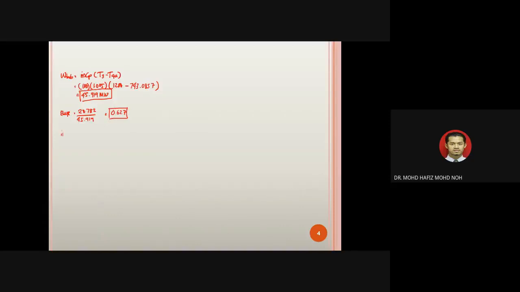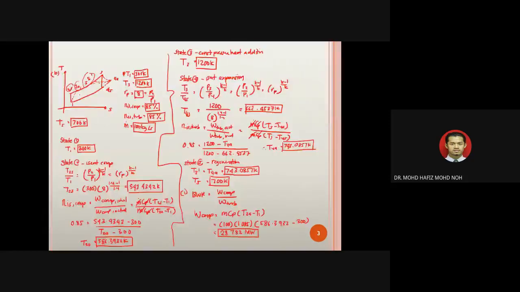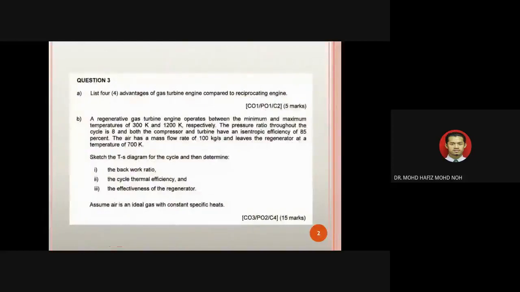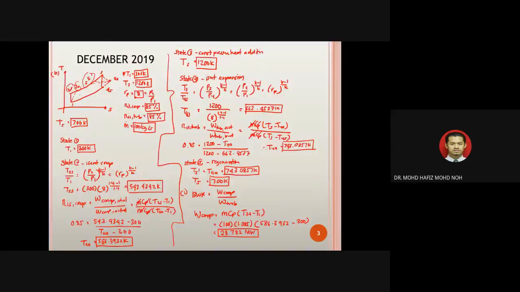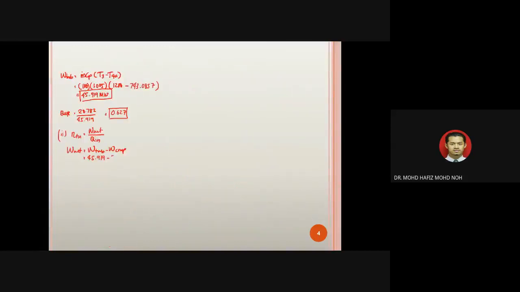The second question requires you to calculate the cycle thermal efficiency. Thermal efficiency is W net over Q in. W net is W turbine minus W compressor. In this case, W turbine is 45.919 minus W compressor, which is 28.782.